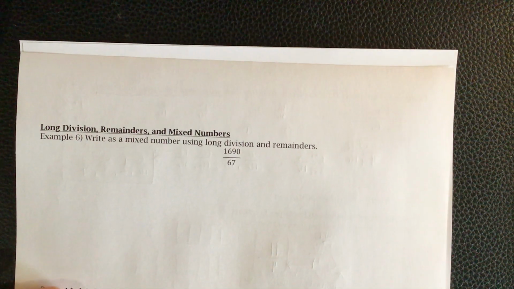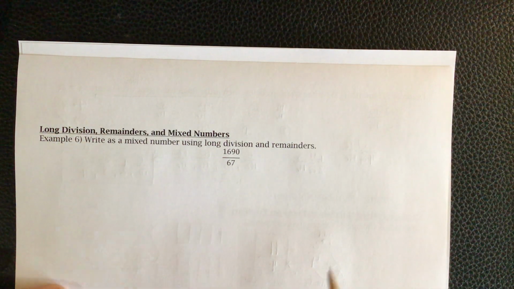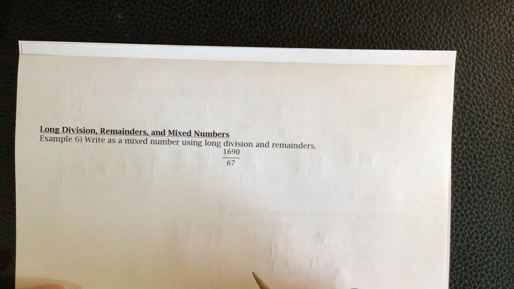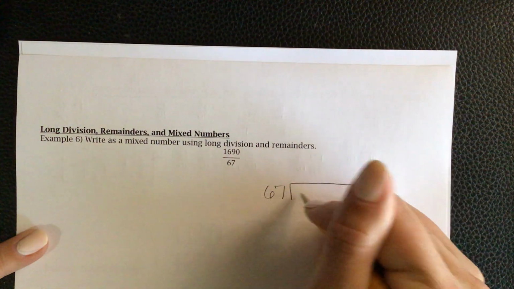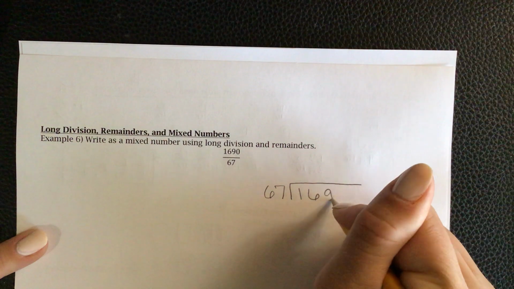In the next example, we're going to use long division, remainders, and mixed numbers to write our final answer. So it's again the same thing that we've been doing, but it's a little bit bigger problem. How many times does 67 go into 1,690?